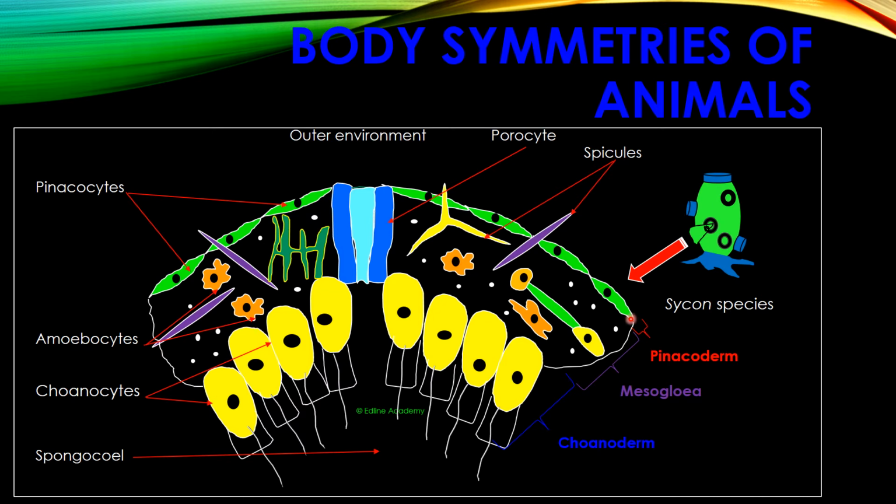Under these two layers, the pinacoderm and the choanoderm, we are unable to see any basement membrane. So these are actually not true tissues, they are just cell layers. So poriferans do not have a symmetrical body, and they do not have true tissues.